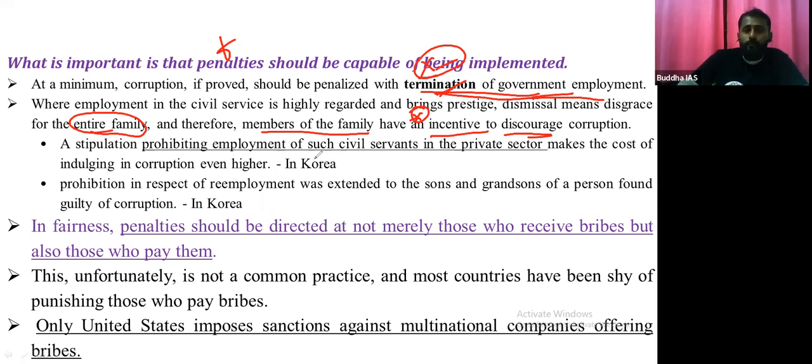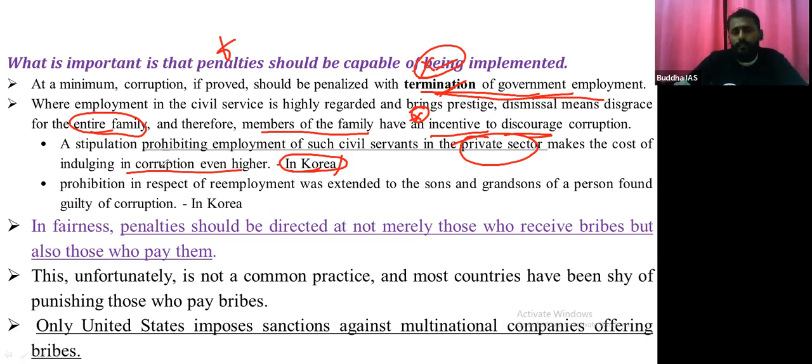Stipulation prohibiting employment of such civil servants in the private sector is very important, as it makes the cost of indulging in corruption even higher. As given in the second ARC, it's present in Korea. They have not mentioned whether it's South Korea or North Korea. They have just mentioned Korea.